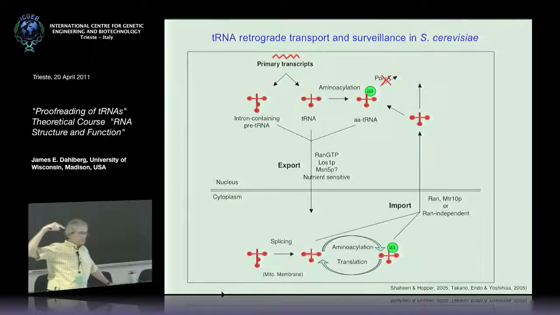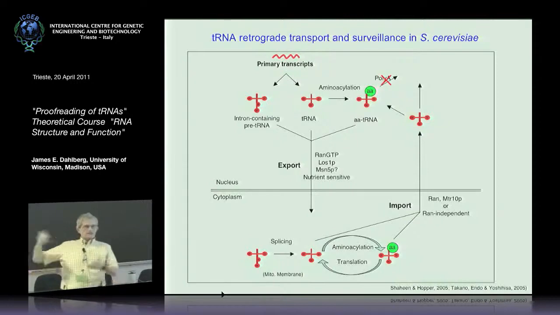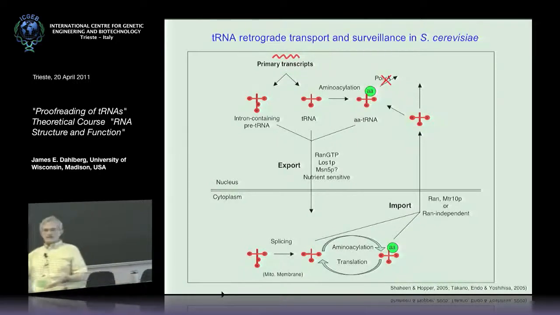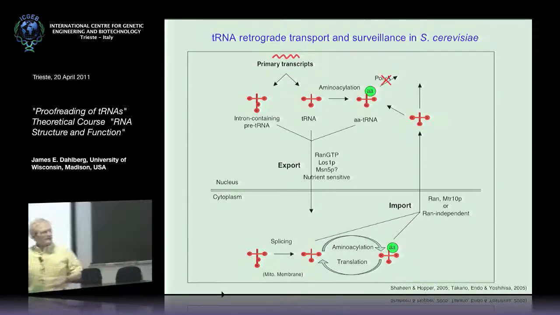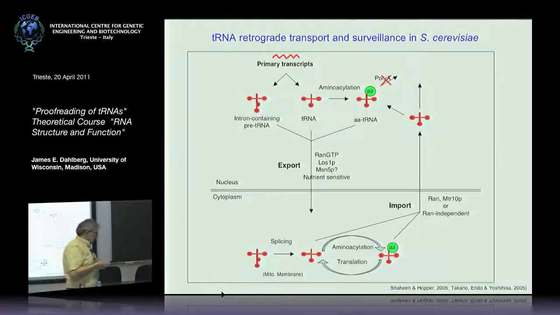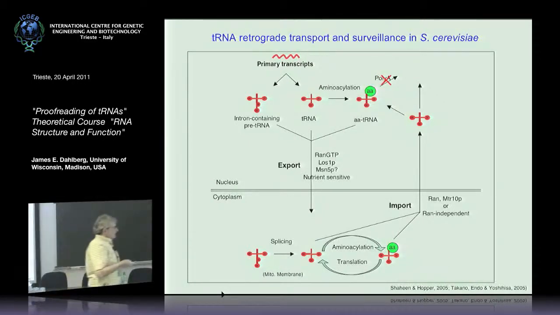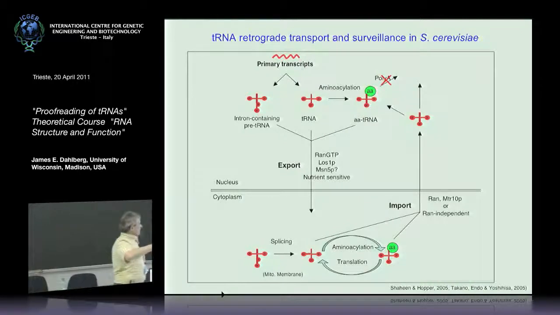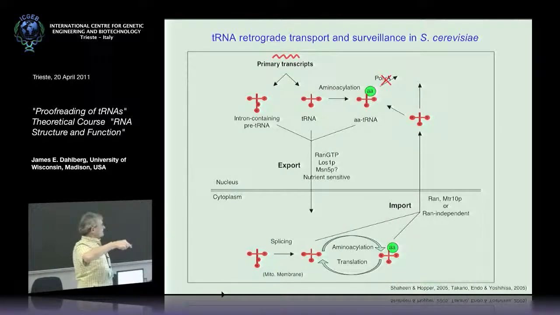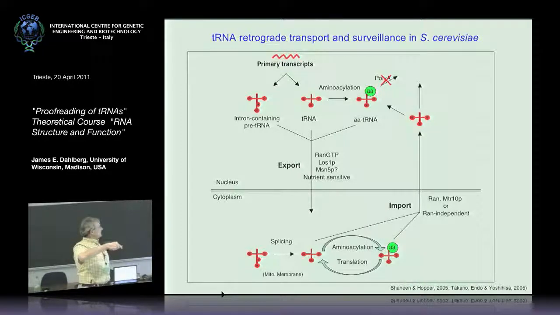And this is sort of constitutive, so it's as if these tRNAs cycle into the nucleus regularly. And this RNA import then exposes the imported tRNAs to whatever is going on in the nucleus. And these tRNAs can then become aminoacylated and brought back out into the cytoplasm.